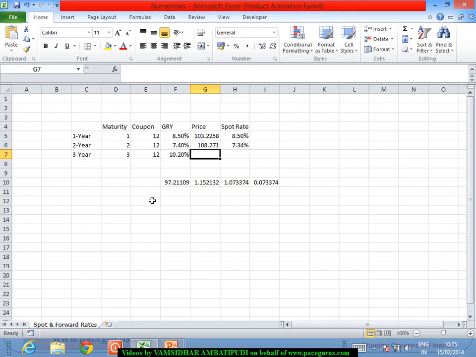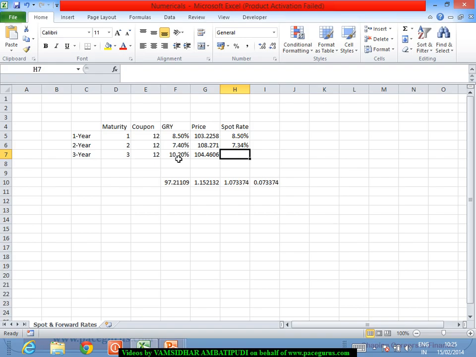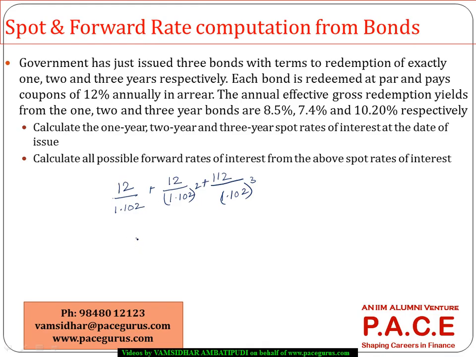So the price is 12 divided by 1 plus this, plus 12 divided by 1 plus this squared, plus 112 divided by 1 plus this cubed. This gives me the price of the 3-year bond, 104.46.